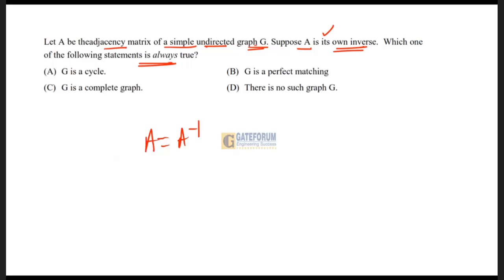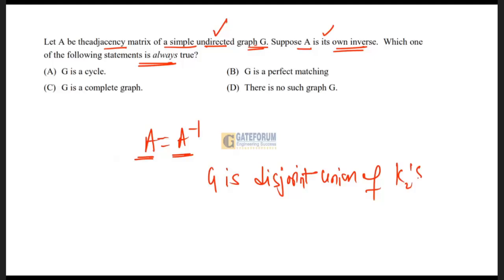So let A be any adjacency matrix which is simple and undirected. For a simple undirected graph, if the matrix is inverse of itself, this only happens if G is a disjoint union of K2s, right?